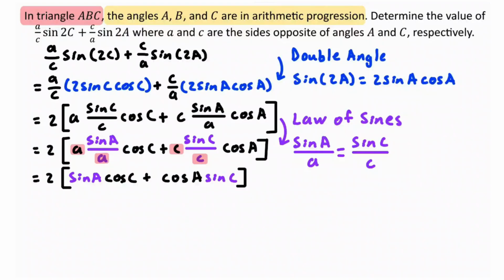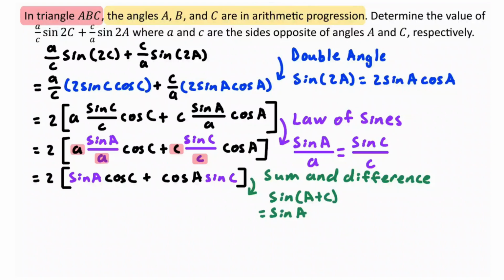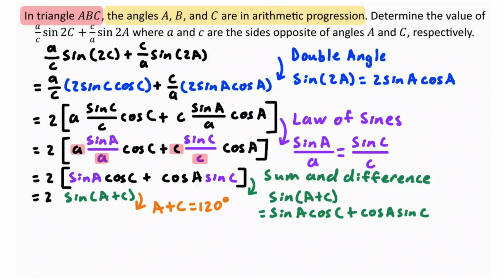Now we'll notice that sine of A times cosine of C plus cosine of A times sine of C actually comes from the sum and difference formula, which states that sine of the first angle A plus the second angle C is equal to sine of the first angle A times cosine of the second angle C plus cosine of the first angle A times sine of the second angle C. So we can use this, and we get 2 times sine of A plus C. And from what we found from the previous page, A plus C was equal to 120 degrees.